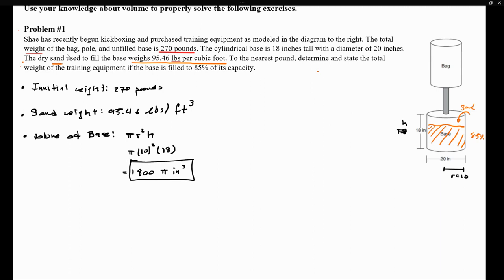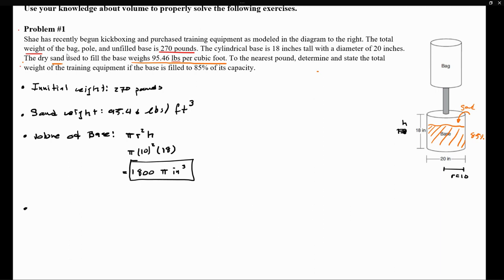And notice that I'm just going to keep using pi because I want to work with the exact values. But as an approximation, if you want to find the volume, you can take 1,800 and multiply by 3.14. But I'm going to keep it as pi. So what we know so far is that the actual total volume of the base is equivalent to this expression, 1,800 pi.